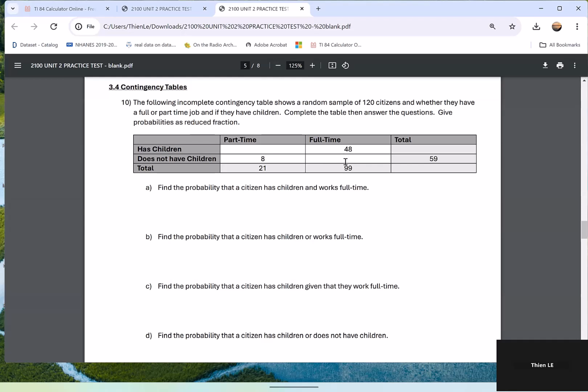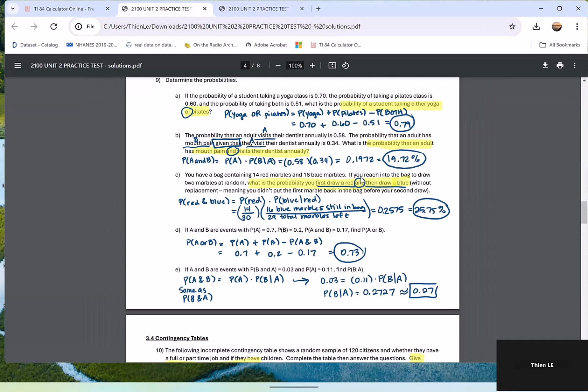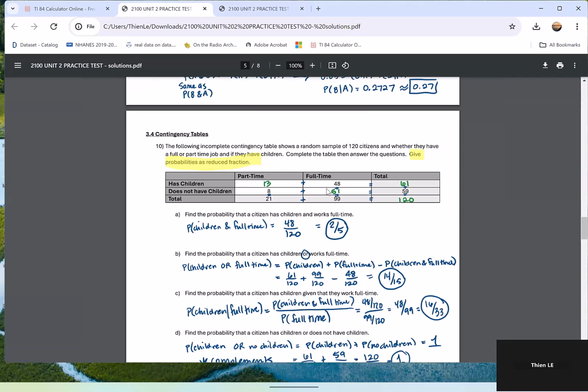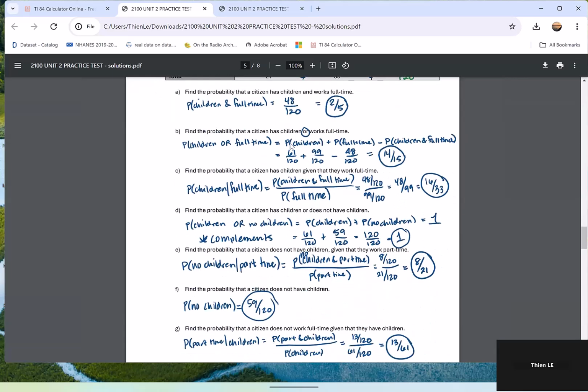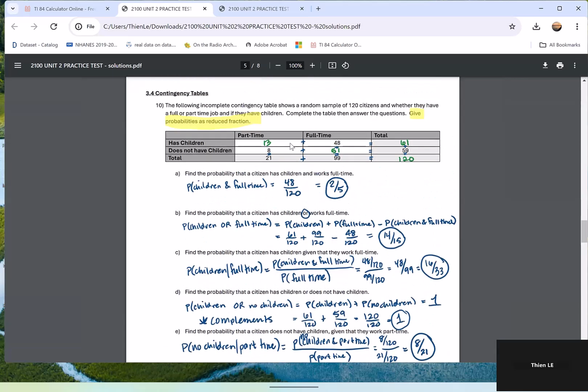So you can use the OR rule: had children plus works full time, and subtract had children and works full time. If you plug in, let me just show you the math here. So maybe we also just use this table, so it will be easier for us to look at the numbers because it's already filled up here.